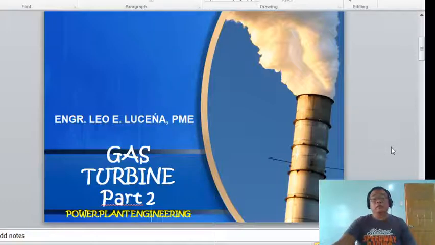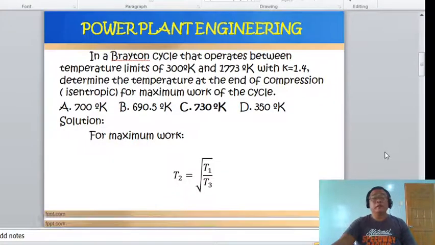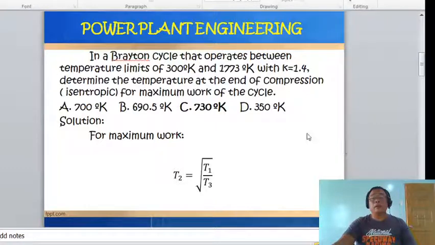So, I will present here an additional example class to the previous presentation. Okay? So, let us, class, consider a Brayton cycle that operates between temperature limits of 300 Kelvin and 1773 Kelvin, with k equals 1.4.